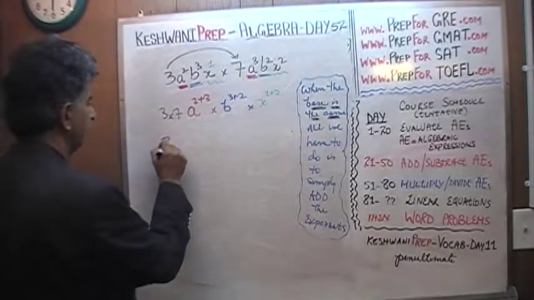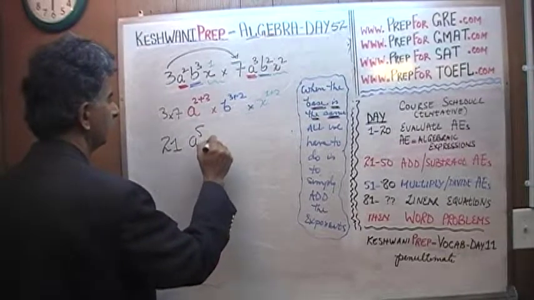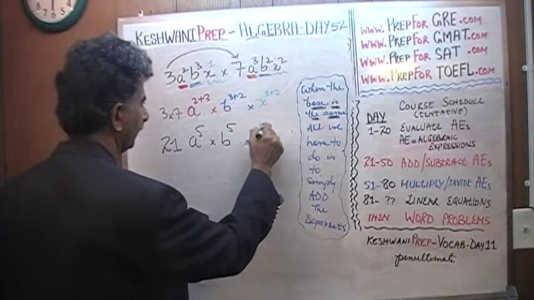So it is 21 a to the 5th times b to the 5th times x to the 3rd.